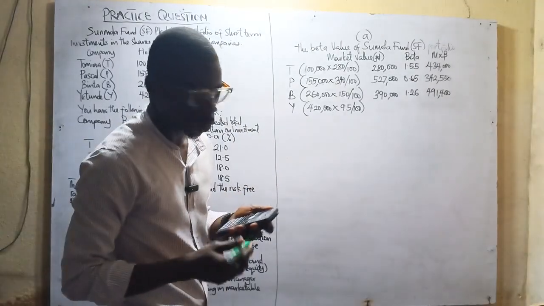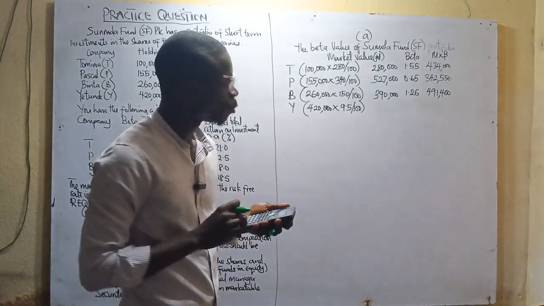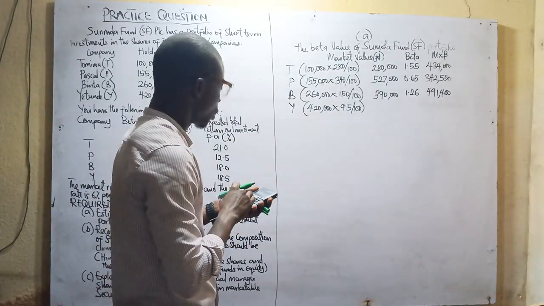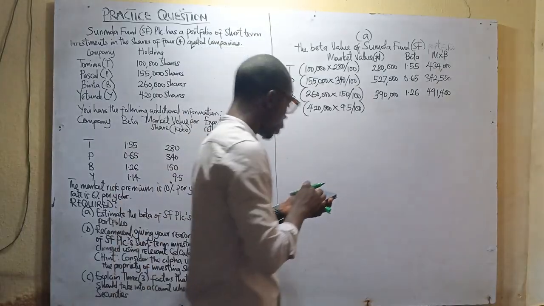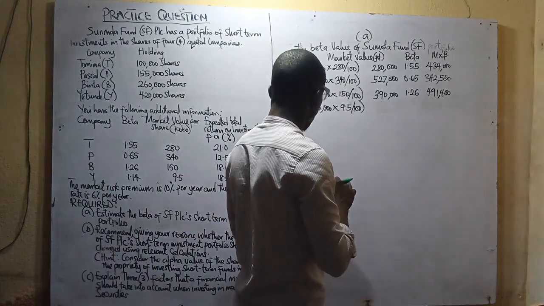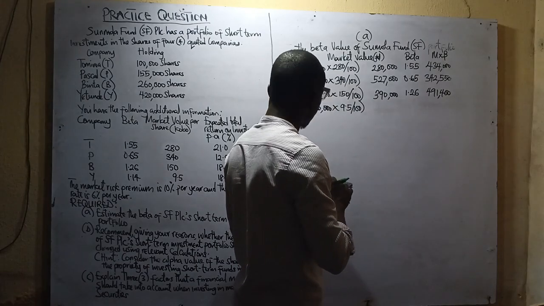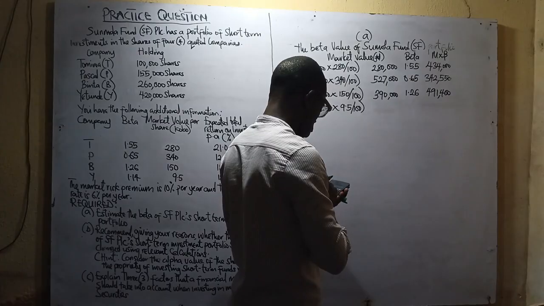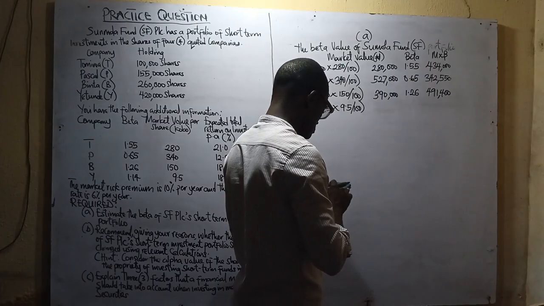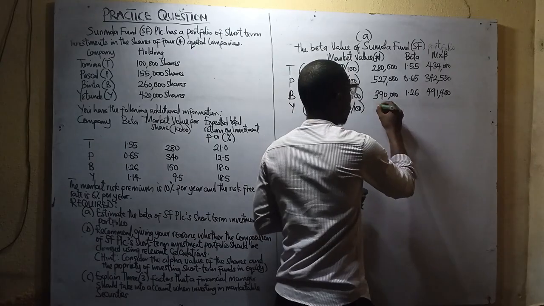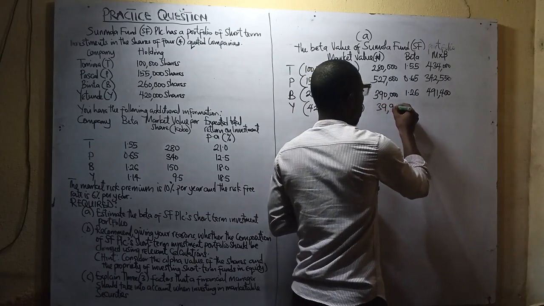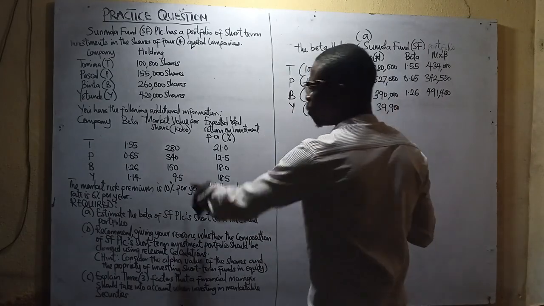So let's multiply. That will give us 39,900. What's the beta value?